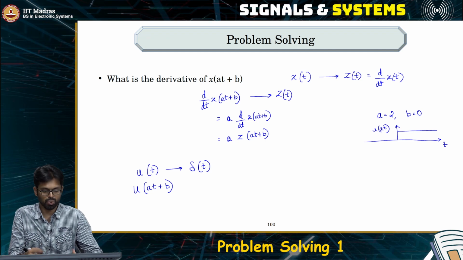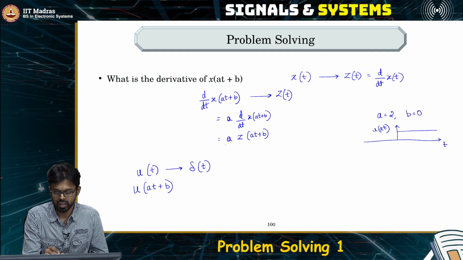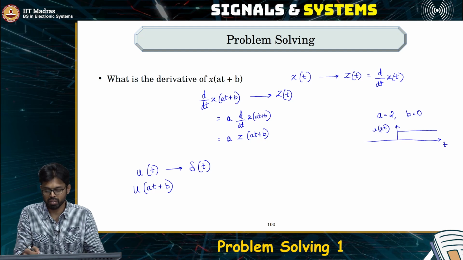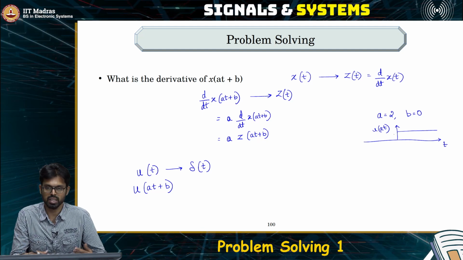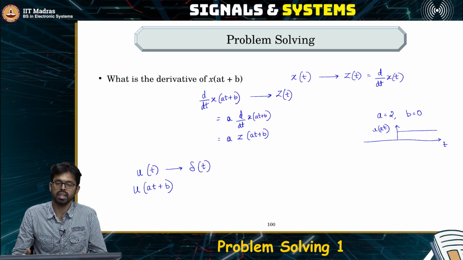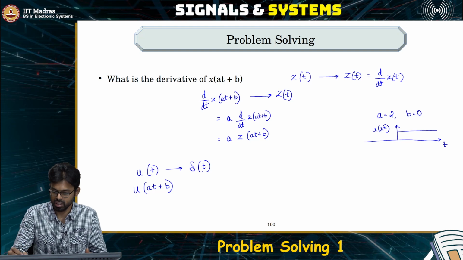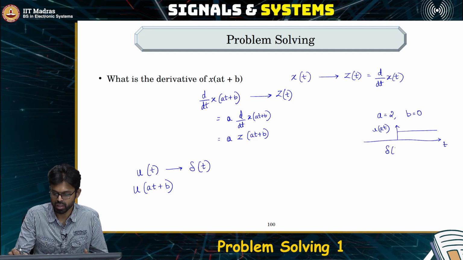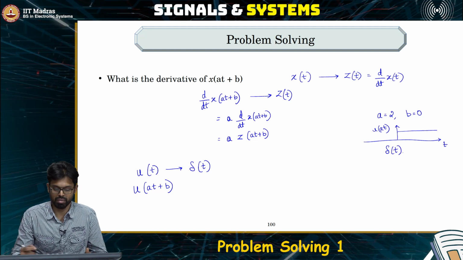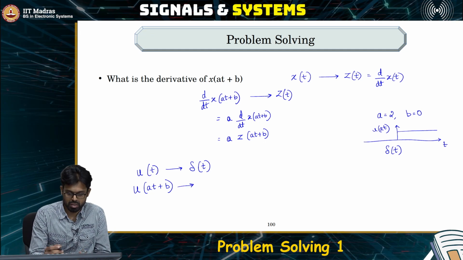So, let us see if that is true here if we use these techniques. Here we are saying that the derivative is a times this Dirac delta, but then here we are saying intuitively if you take the derivative here, it should still be Dirac delta itself, right. Let us see if that is true, because u of at looks exactly like u of t. So, then the derivative also should be exactly the same, which means derivative of u of at should also be just delta of t, which is the derivative of u of t itself. Now, what happens when you take the derivative of u of at?